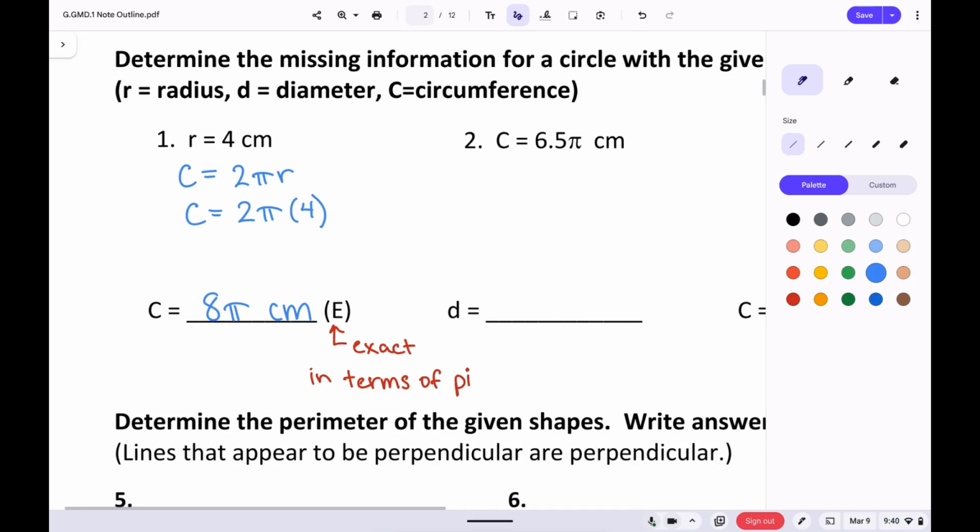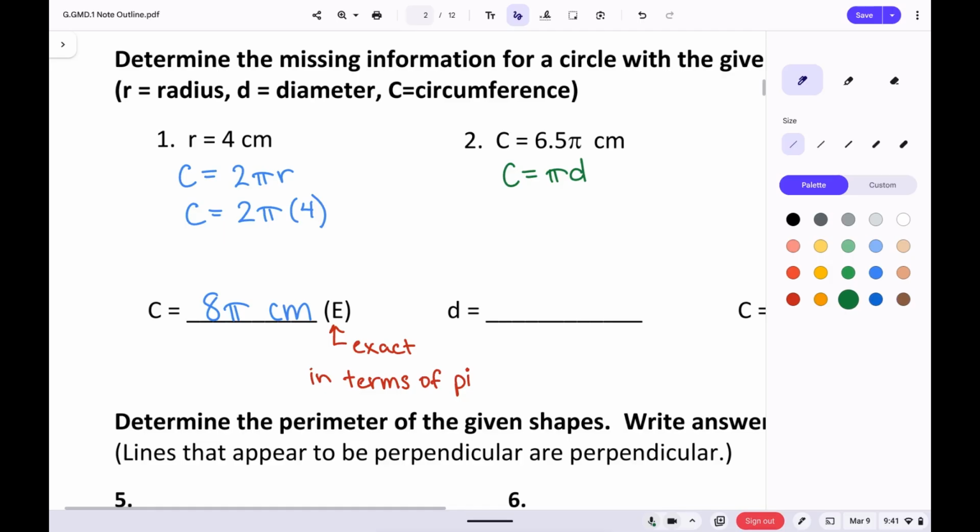Okay, if you look at the second one, this time they're giving me circumference and they want me to find diameter. So I have a formula that has diameter in it. It was pi times diameter. And they're giving me C equals 6.5 pi.